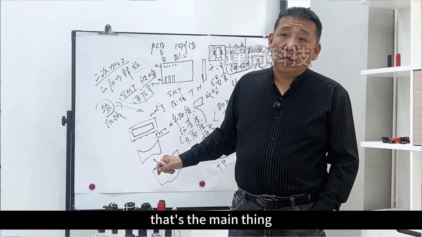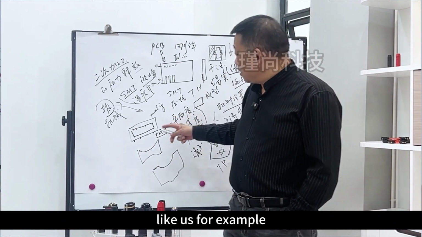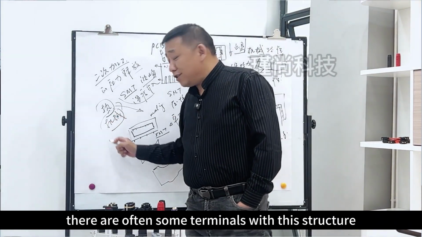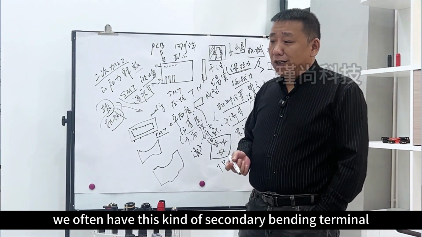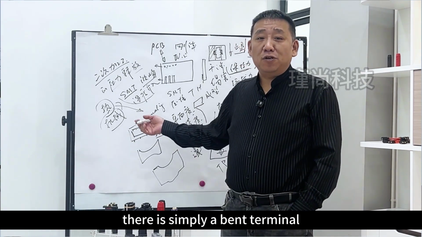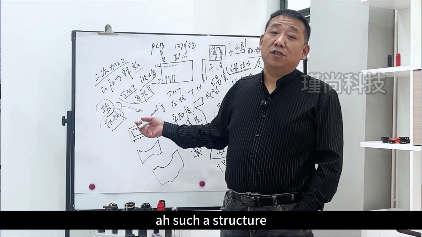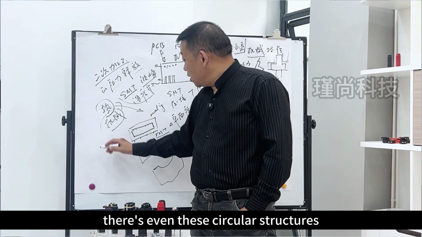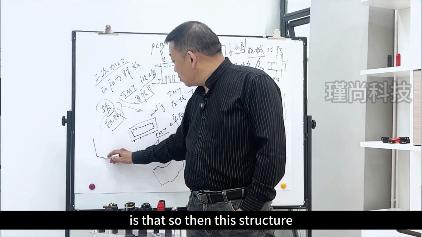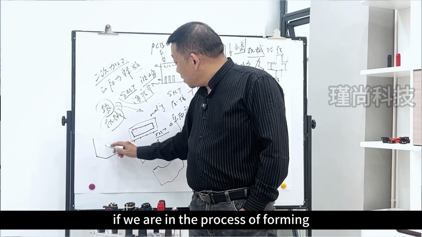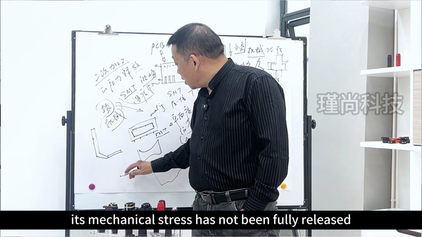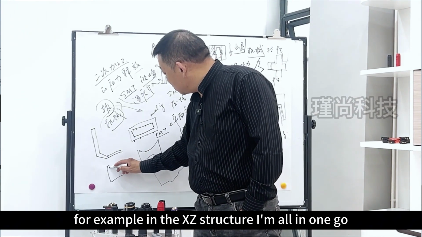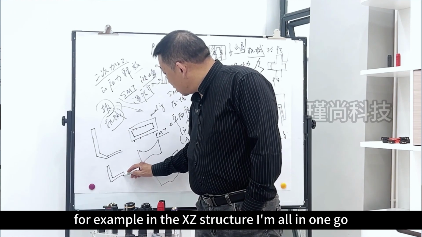For example, there are often terminals with this structure, this kind of secondary bending terminal. There is simply a bent terminal, such a structure, even these circular structures. If in the forming process its mechanical stress has not been fully released, for example in the XZ structure, I'm forming it all in one go.